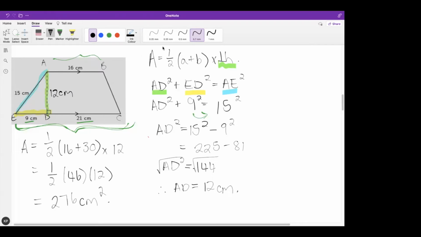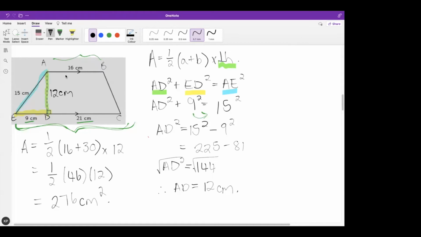So for the area of a trapezium, we need this height. So what we did was we used this triangle, we used Pythagoras to find this height, and then we substitute it into the formula. The formula says half of side 1 plus side 2.